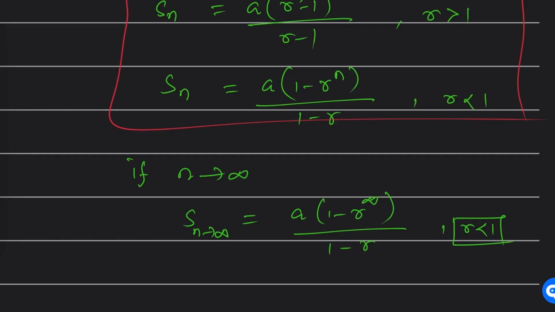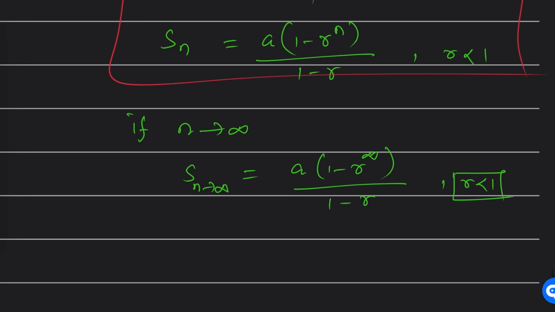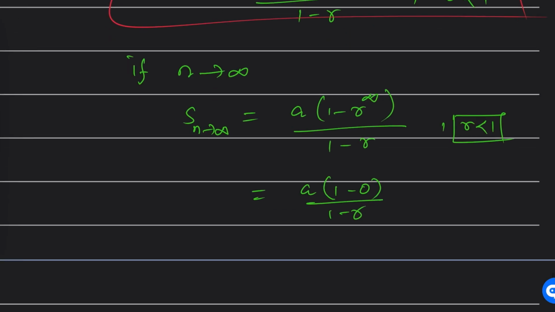Why? Less than 1, what I told just in binomial approximation. See, if the number is less than 1 and you are increasing the power, the number is tending to 0, means it is almost 0. So can we say the number less than 1 power infinity is almost 0, sir? Obviously 0. So we can write like this, 0. So a into (1 minus 0) by (1 minus r) is, finally we got a by (1 minus r).